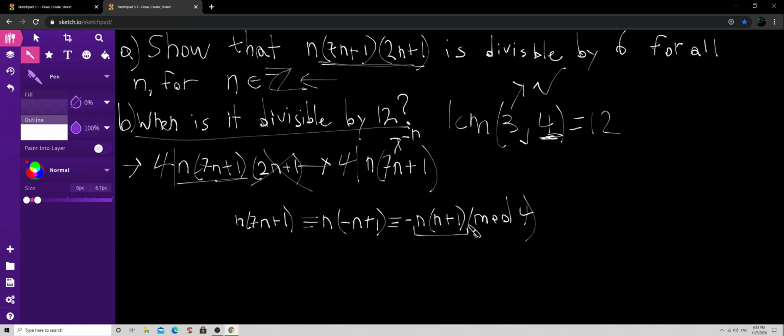And something else that's pretty important to note is that, look at this. These are two consecutive integers, right? And we know that two consecutive integers are always coprime. And that's because the only possible factor they share is 1, and therefore they are coprime. That's pretty trivial, but these two integers will always be coprime, right?